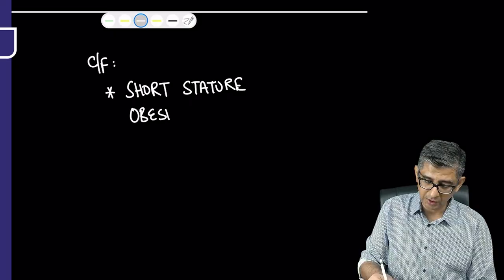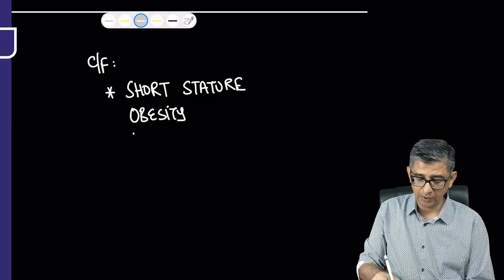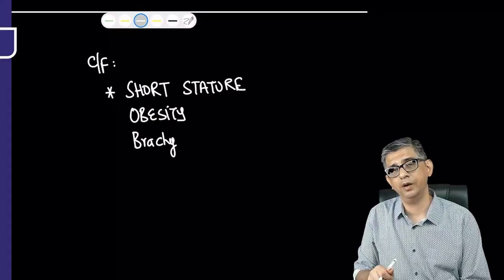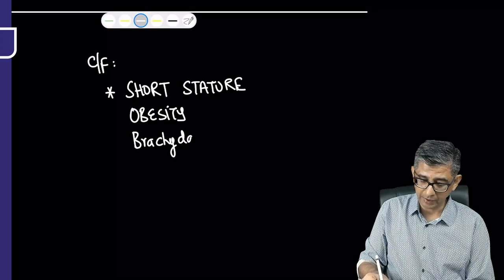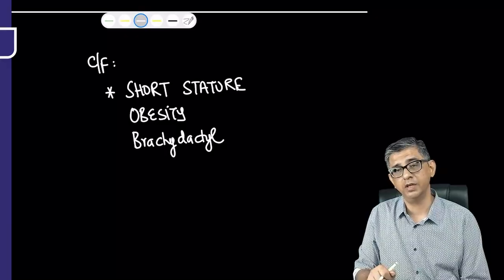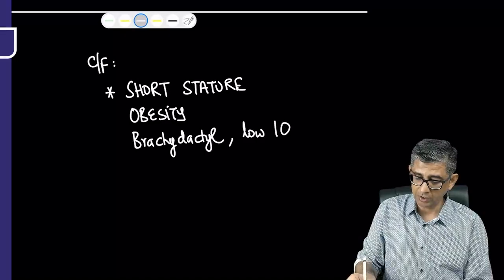Mostly short stature children tend to put on weight, so there would be concomitant obesity. And then you will read this term because their metacarpal bones and their metatarsal bones will be shorter. So you will read the term brachydactyly. Brachydactyly means short metacarpal bones as well as metatarsal bones. These patients would also have a low IQ.